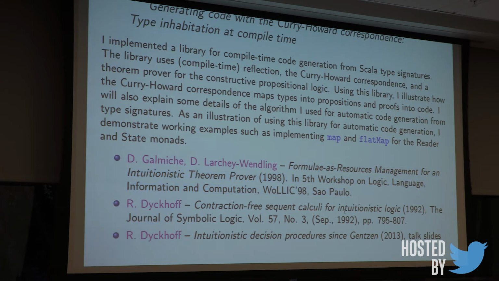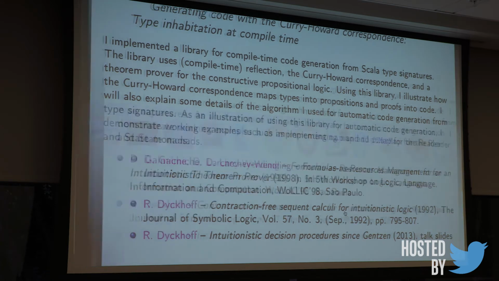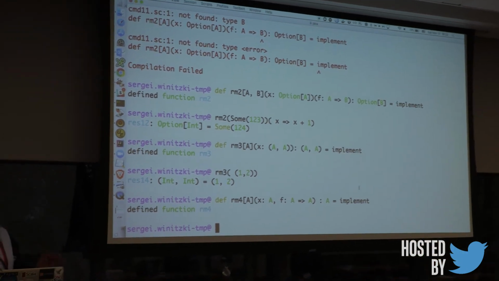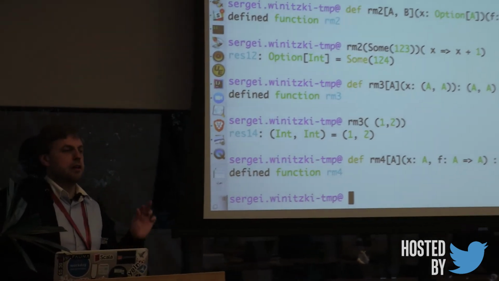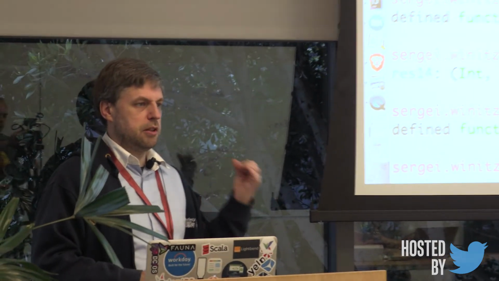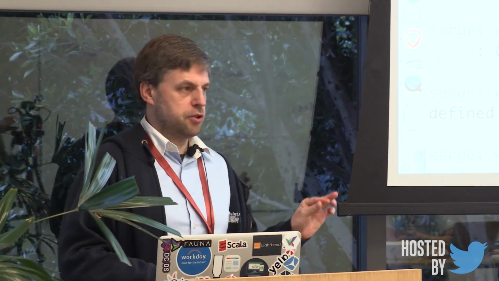This algorithm allows you to generate code from type signatures as long as the type signatures are built up from these three constructions: product, coproduct, and function. There is no notion of recursion.